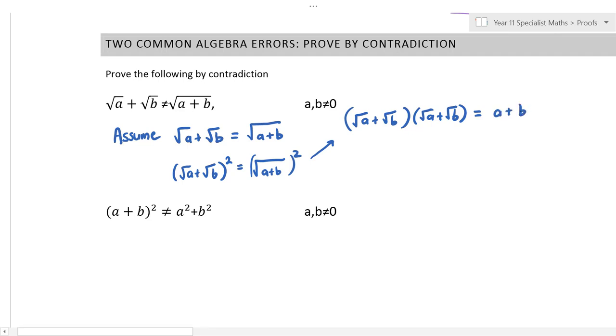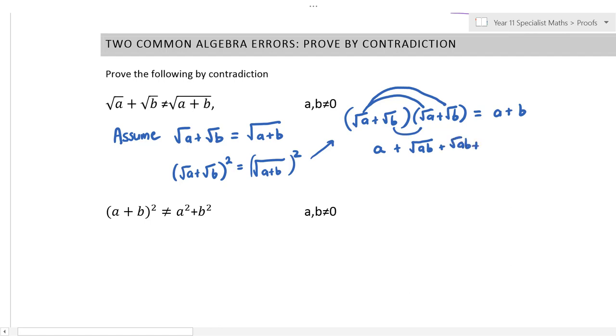A plus B. So let's go across here. Root A times root A is going to be A. That's nice. And root A times root B is root AB, isn't it? We've got another root AB, like so.